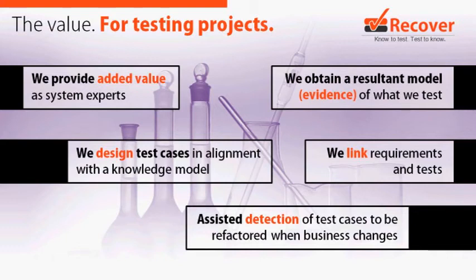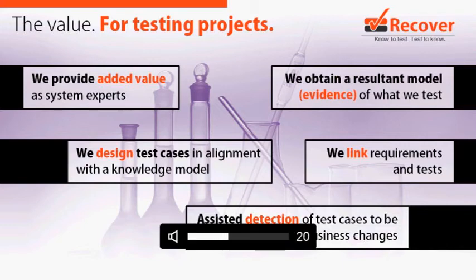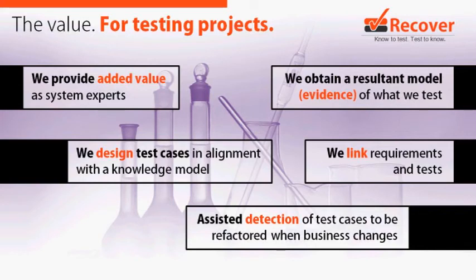We provide added value because we are not just people checking that the system works. We become system experts, but we need to give evidence of that. We design test cases in alignment with a knowledge model, and this is very interesting because the assistant of Recover for writing test cases has auto-completion, so we can always use the same names for the same things.